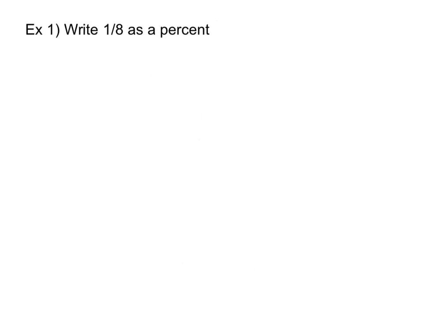So now we're going to talk about another way to find 1/8 as a percent. We know the answer, but we're just going to do it another way anyways. So we're going to start with our 1/8, and what we know is that we want a number out of 100, because again, percent means out of 100, ratio out of 100.